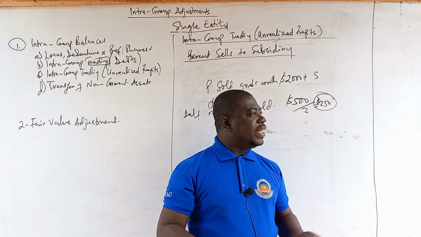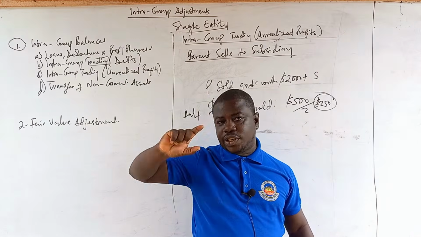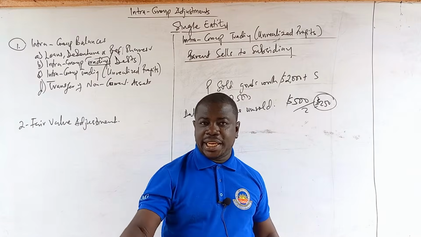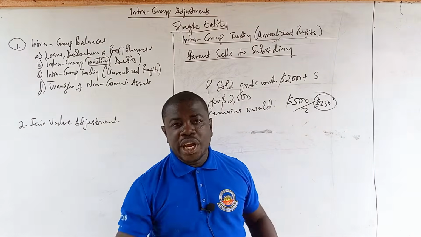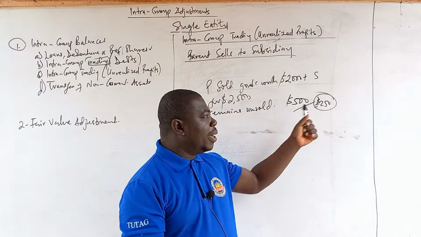At the same time, this 250 is not profit we have made, but it is inside the retained earnings. It is included in the retained earnings of the parent in this case. So the retained earnings, or the income surplus balance, of the parent must also be reduced by this 250.